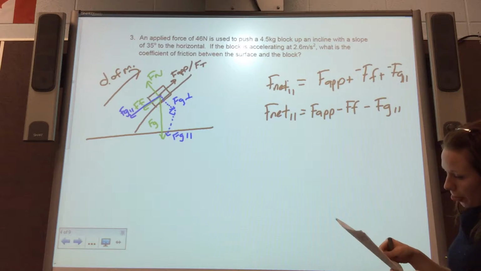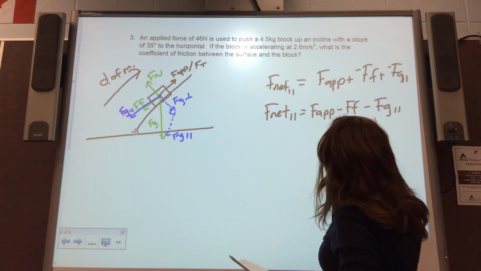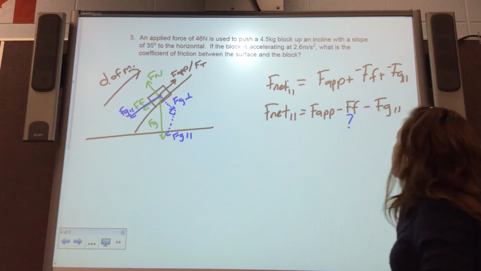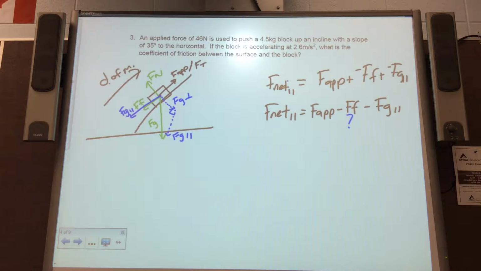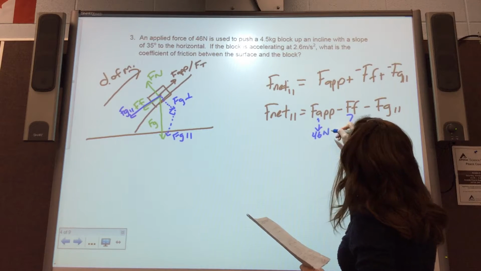Okay, so now I'm just going to think and identify, I'm being asked to find the coefficient of friction. So I need to find and use my FF. Well, let's see, my F app, I put this all down everywhere. Oh, I'm already given F app, right? 46 newtons.